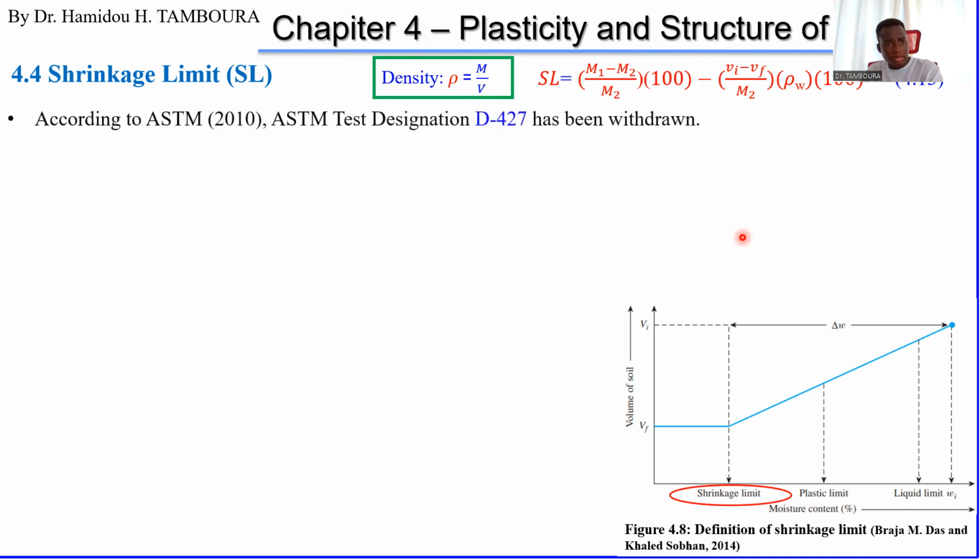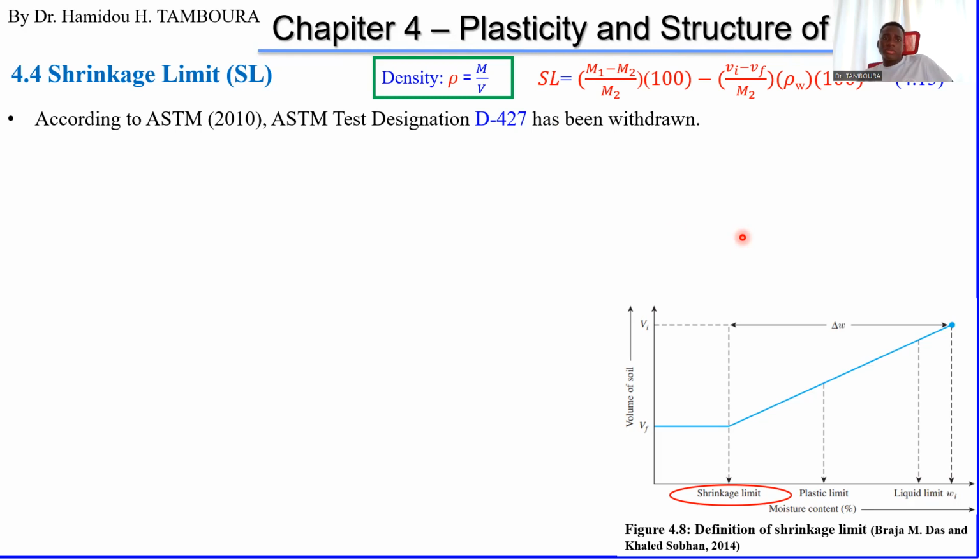Shrinkage limit. The thing is, this method of doing the test of shrinkage limit is no longer in use according to the American standard.